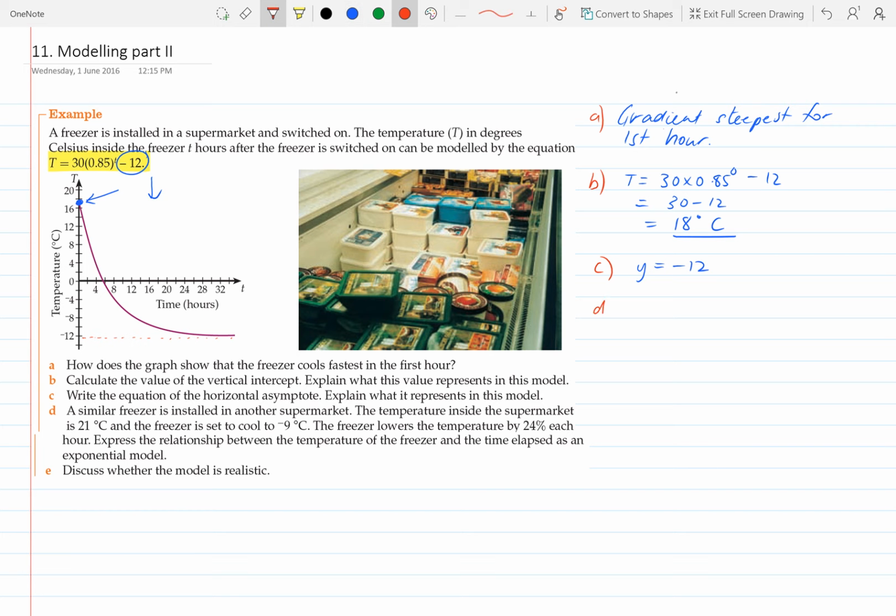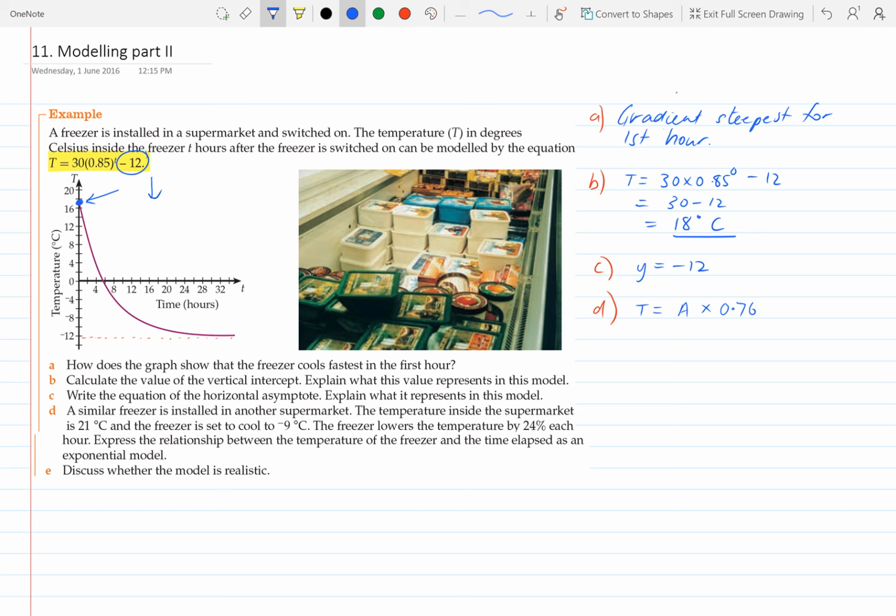Okay, question D. A similar freezer is installed in another supermarket. The temperature inside the supermarket is 21 degrees C, and the freezer cools to 9 degrees C. The freezer lowers the temperature by 24% each hour. Express this relationship. Okay, so just like our other one, we're going to have some number, we'll call it A, times 0.76.